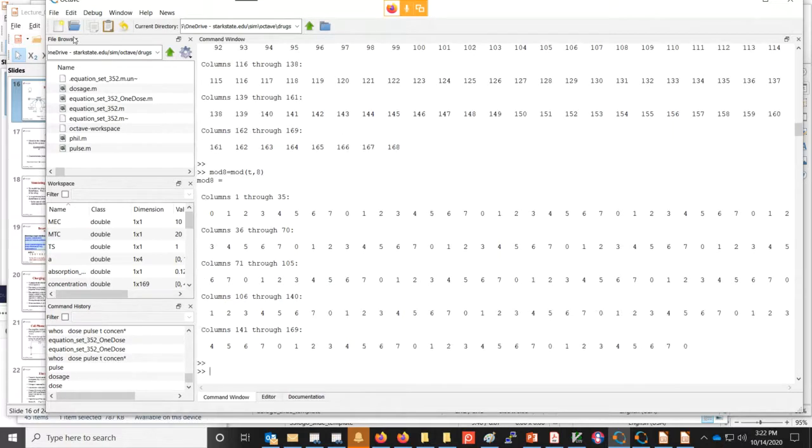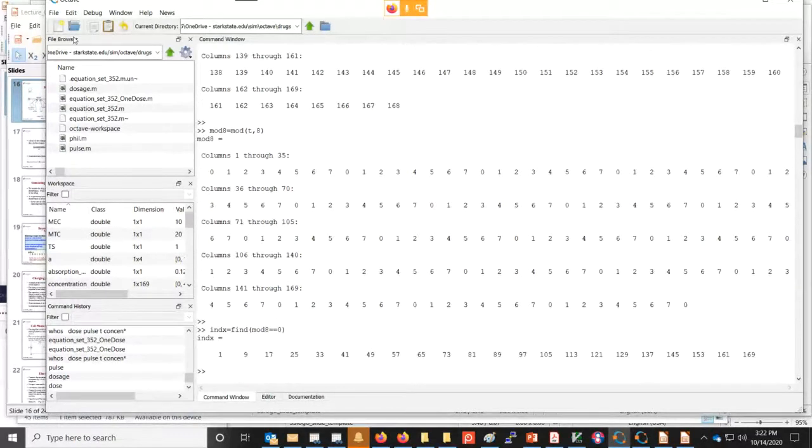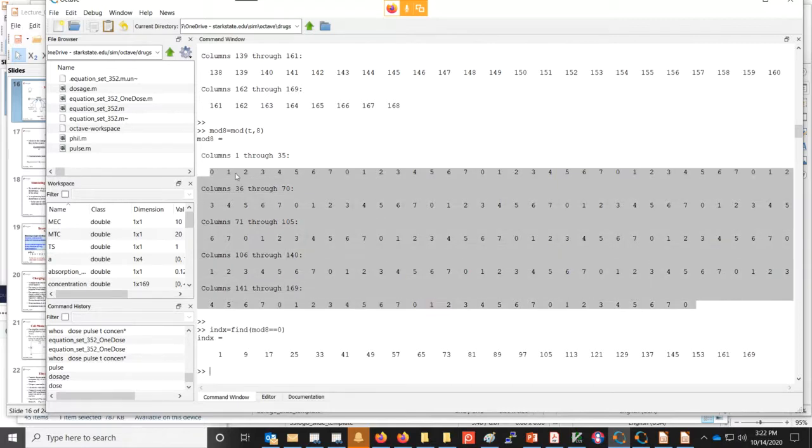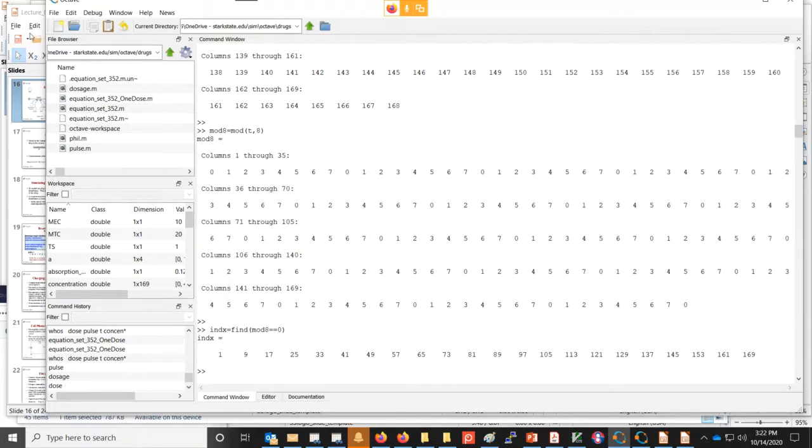So now I'm going to use the find command to find those indexes. I'm going to say find mod 8 where it's equal to 0, and I find out that at the first value, at the 9th value, at the 17th value, at the 25th value, at the 33rd value, those are the times when this vector here has zeros in it, okay?